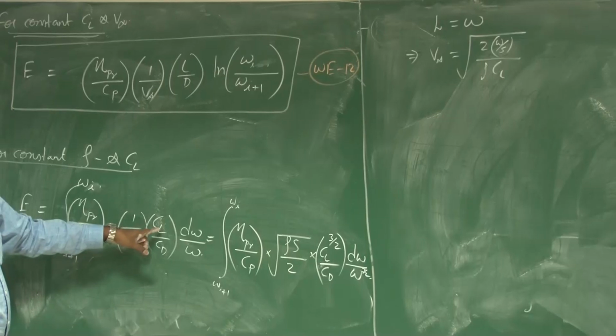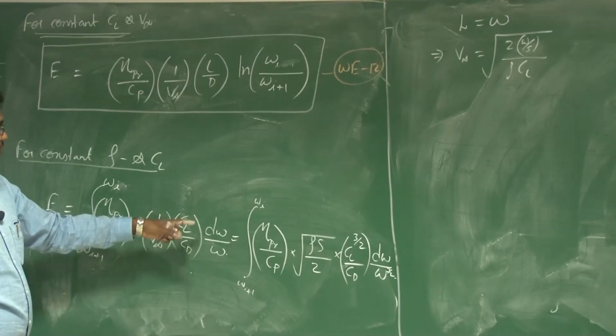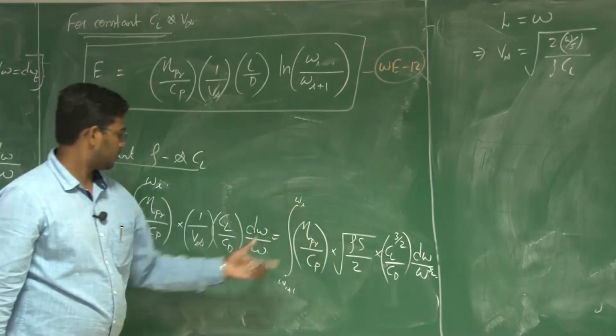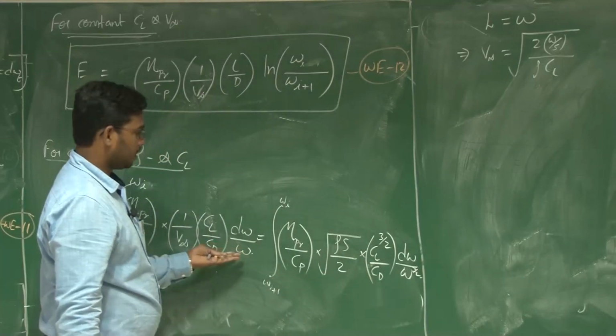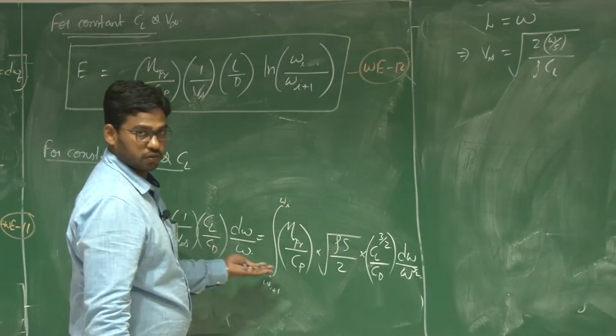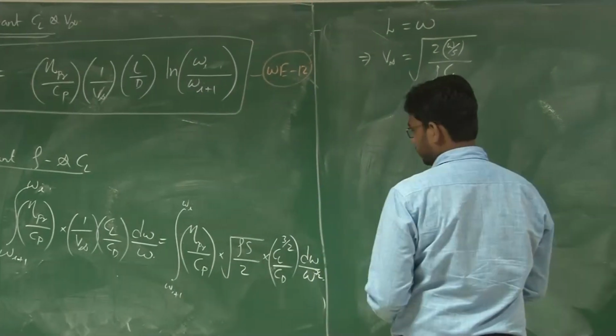So it becomes CL into CL power 1 by 2, which is CL power 3 by 2 by CD, and W multiplied by W raised to the power of 1 by 2, which is W power 3 by 2.